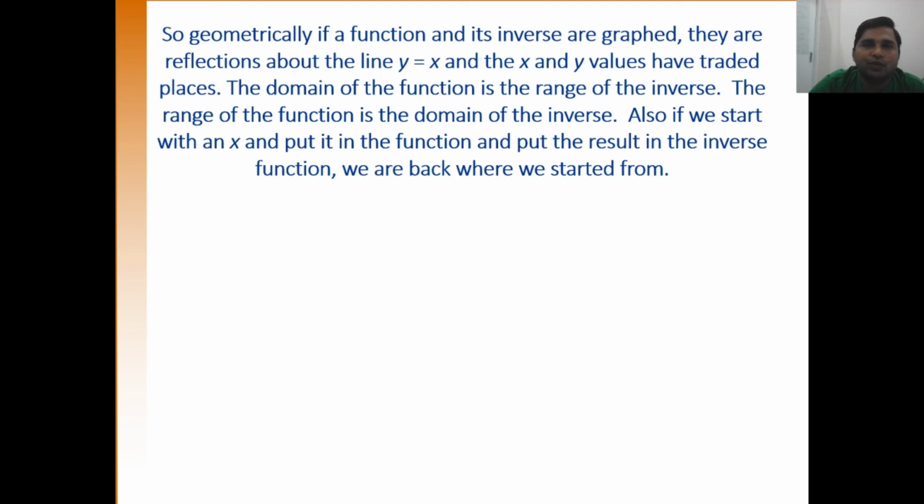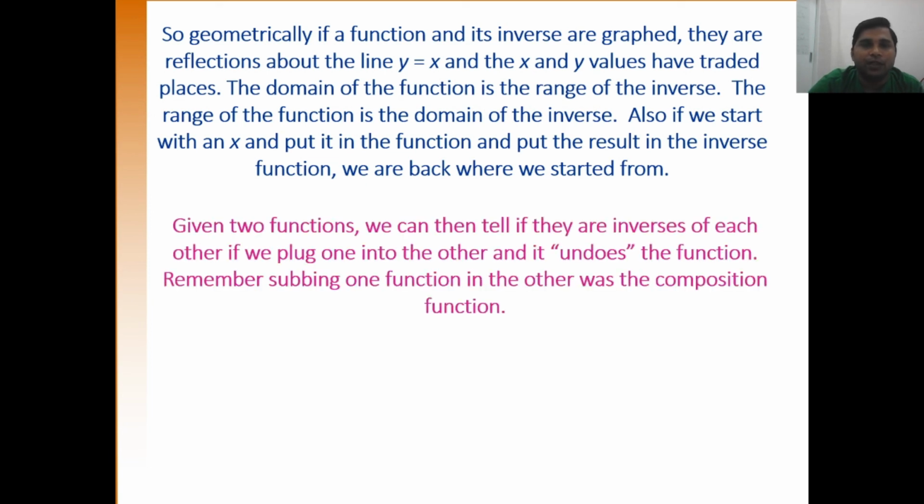Also, if we start with an x, put it in the function, and put the result in the inverse function, we are back where we started from. So that's what we discussed: given two functions, we can tell if they are inverses of each other if we plug one into the other and it undoes the function.